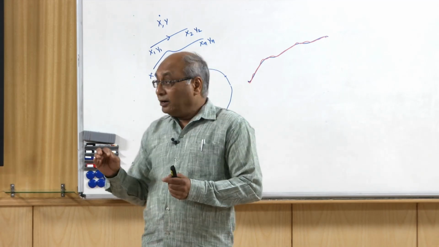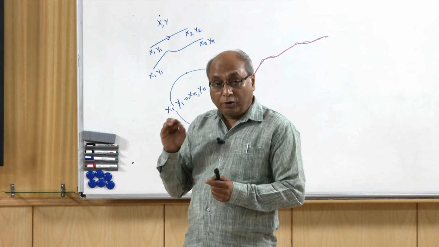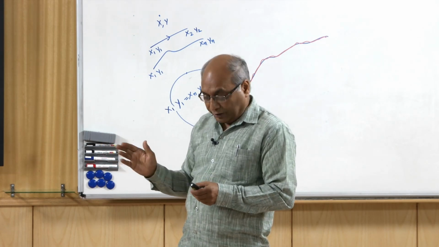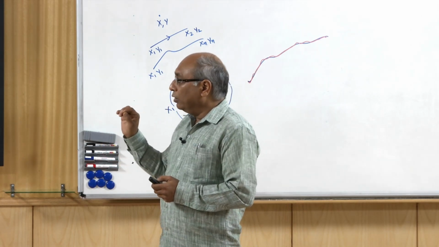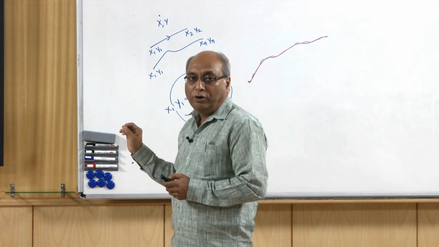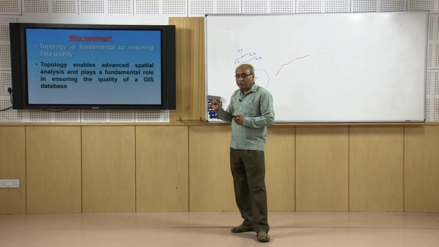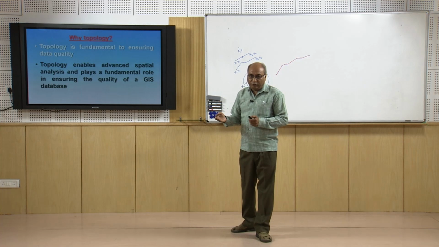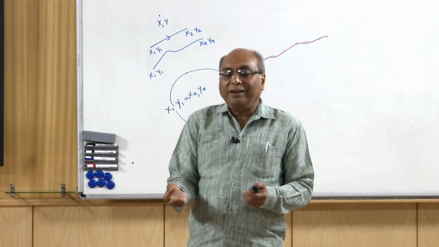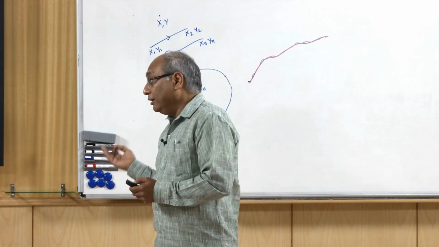At that time, if errors are checked, topology is checked, and everything is okay, then move to the next operation. That is why topology is fundamental to ensure data quality. If data is good, then your output through GIS is going to be very reliable. But if the data itself has errors, then you can't help.